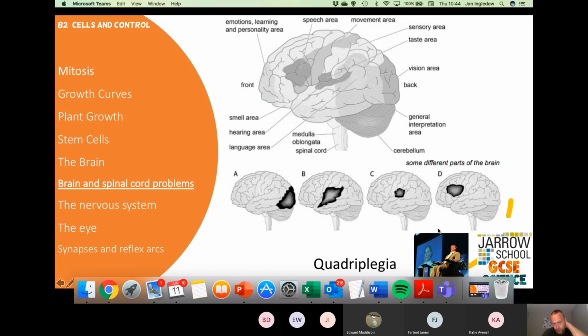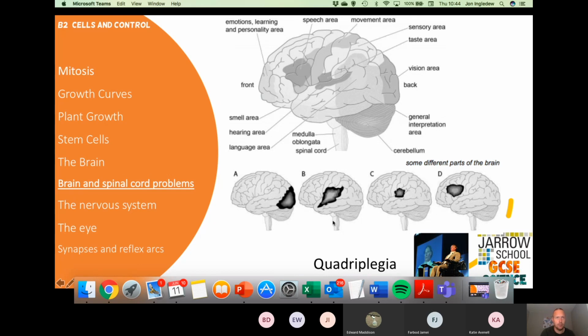He damaged his spinal cord pretty high up, and all four of his limbs are disabled. So quadriplegics can't use all four of the limbs. Basically, if you damage the spinal cord, the higher it is, the more chance you have of serious damage. So if you damage it really high up, you can die.